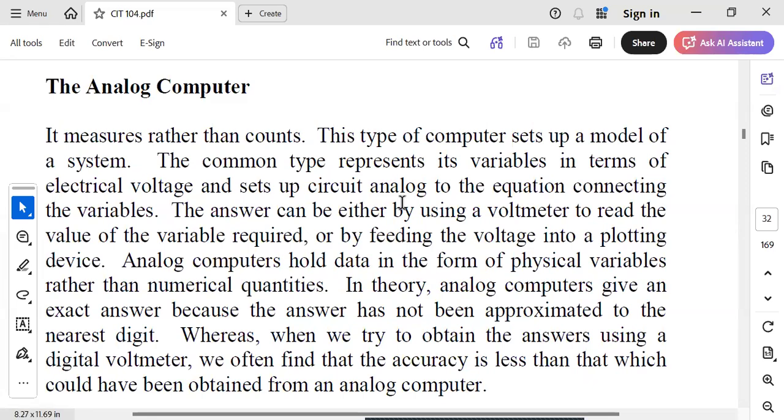Which of the two is the topic sentence? Or is it the two combined? I would say it measures rather than counts. Okay, that is your own topic sentence. You are very close, but that is not the exact topic sentence.